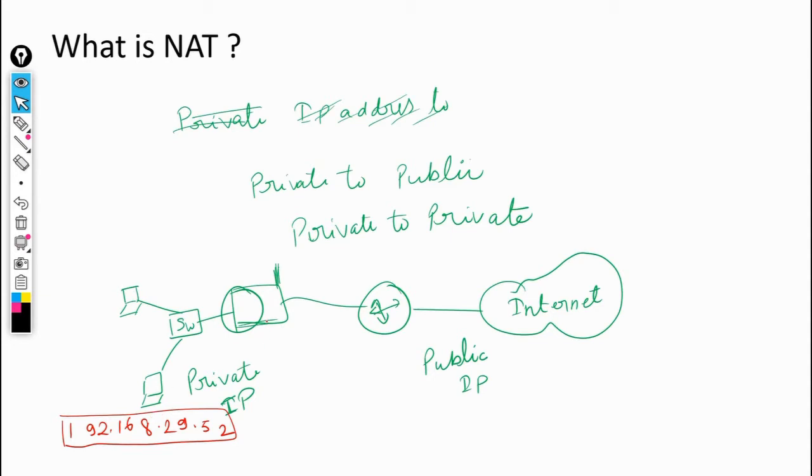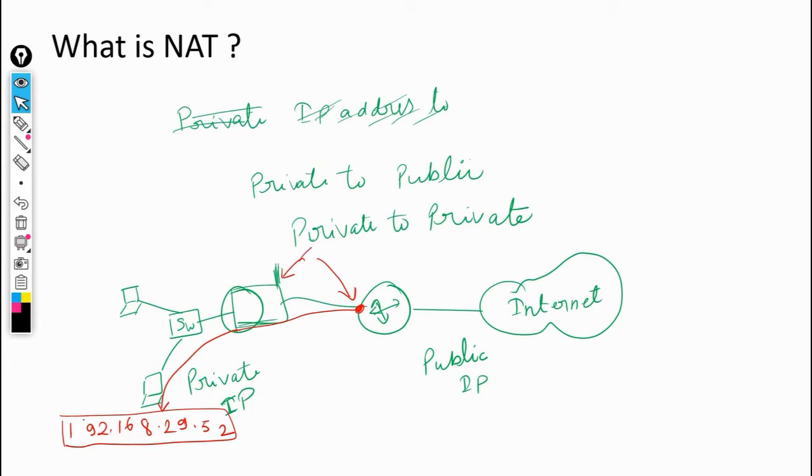This IP address is being assigned directly via my broadband router, and this request goes through this router. Normally there are two ways: either it can be translated here or it can be translated here. It totally depends on our service provider where they want to translate it.